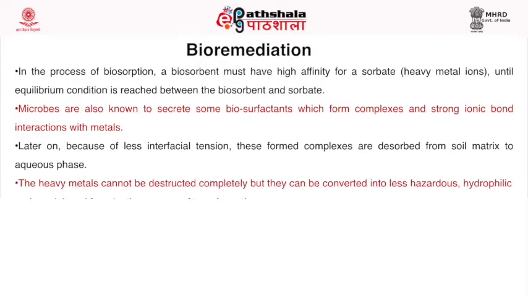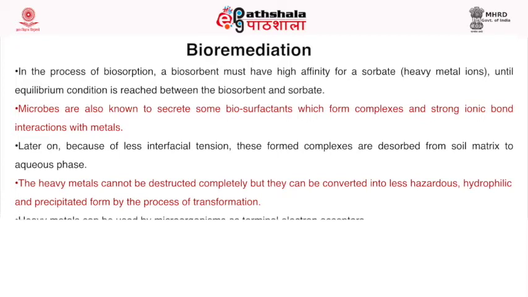The heavy metals cannot be destroyed completely, but they can be converted into less hazardous forms. As I told earlier, chromium 6 can be converted into chromium 3 or chromium 0, or they can be converted into hydrophilic forms, or they can be precipitated or transformed.